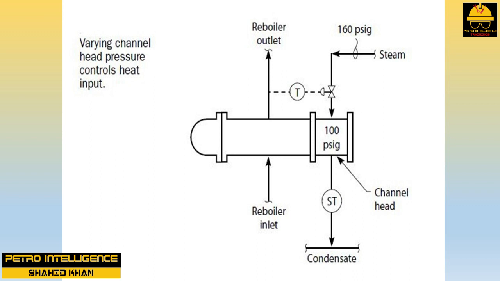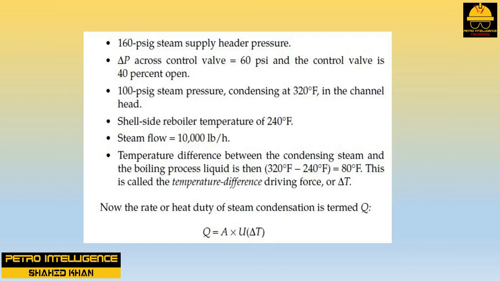For example, in case 1, described below: 160 psig steam supply header pressure. Delta P across control valve equals 60 psi and the control valve is 40% open. 100 psig steam pressure, condensing at 320 degrees Fahrenheit, in the channel head.